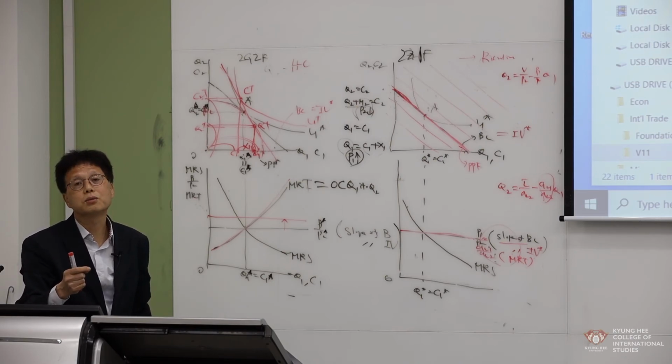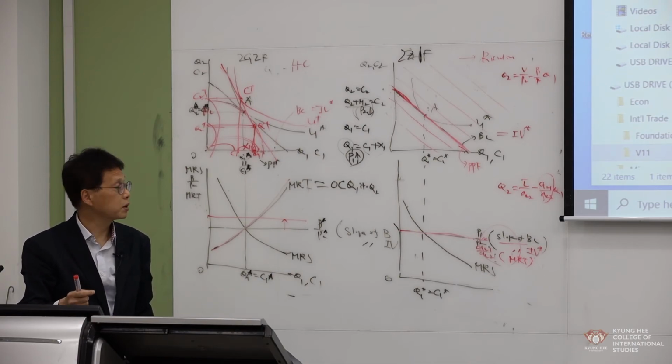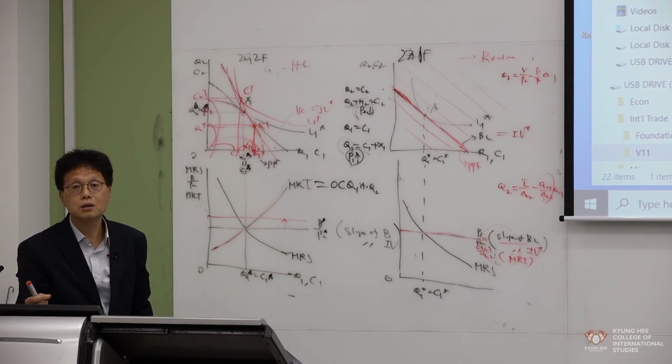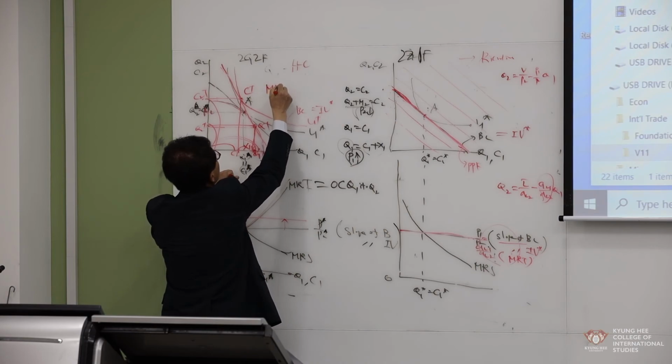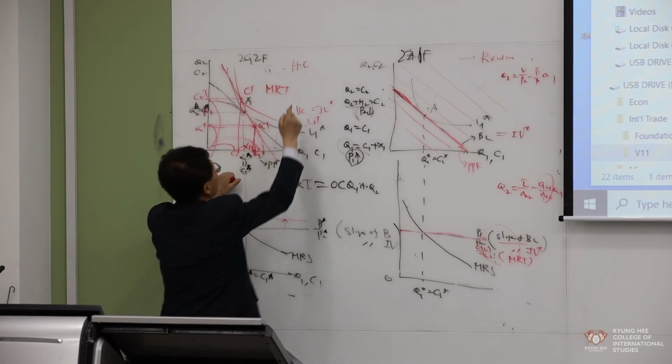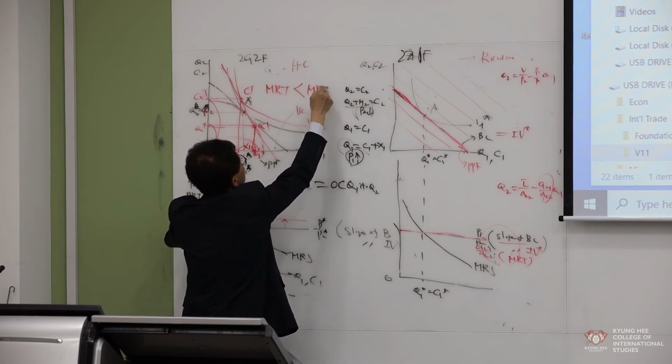So this country imports Q2, right? Low opportunity cost of Q1, or comparative advantage, is indicated by MRT. MRT is the opportunity cost of Q1 in terms of Q2, right? So this case means MRT in Korea, home, is lower than MRT in foreign.